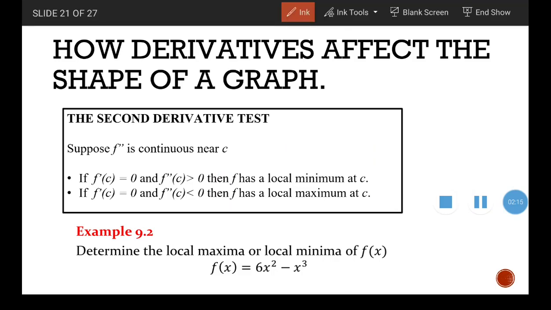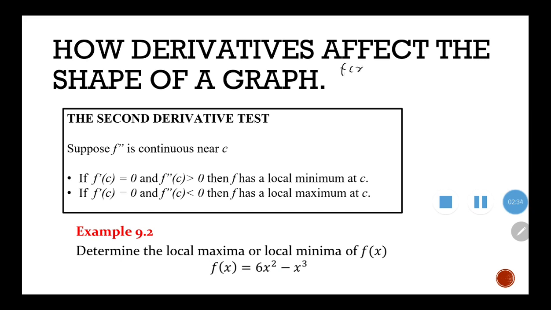Example 9.2, where f(x) is 6x squared minus x cubed. Okay, now we want to find the critical number for this equation. How to find the critical number is we make the derivative equal to 0.